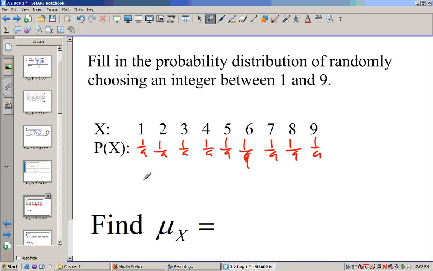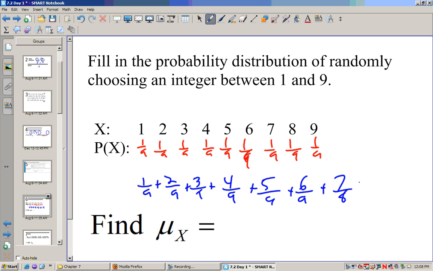If I multiply this down, this would be 1/9. This would be 2/9, 3/9, 4/9, 5/9, 6/9, 7/9, 8/9, and 9/9. And if we add up all these top numbers, we get to 45/9, which is the same as 5.